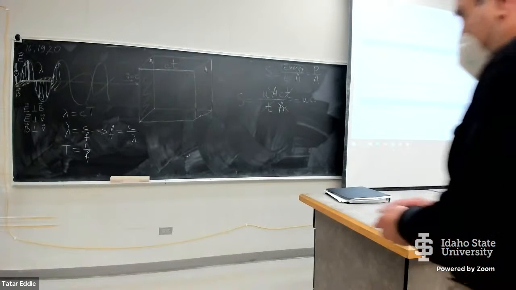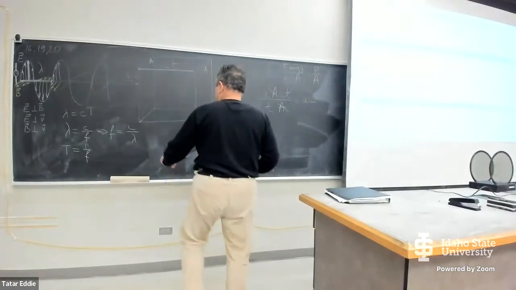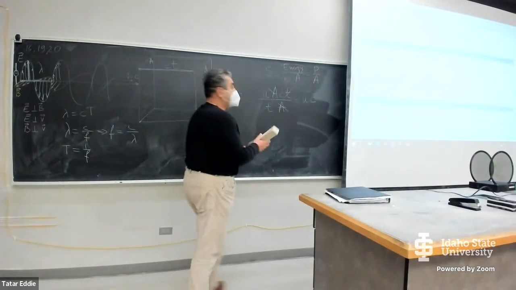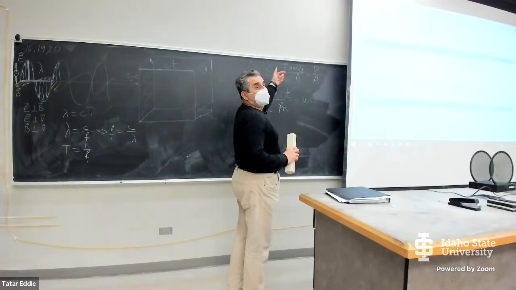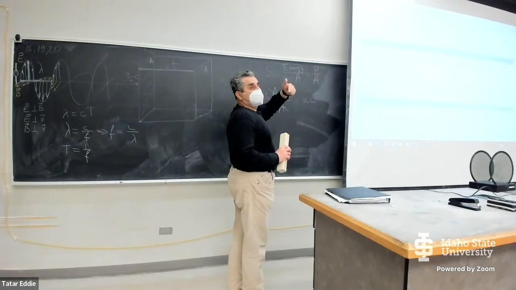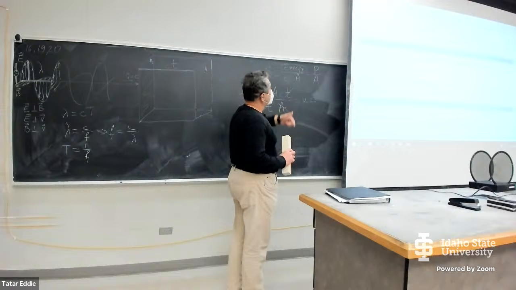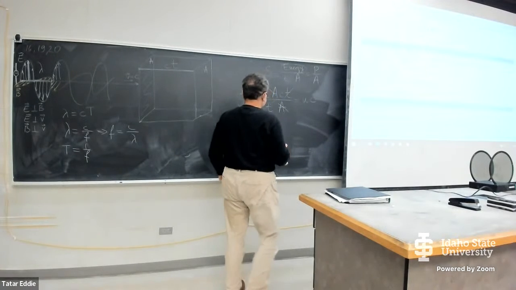So how much energy comes through the window that is perpendicular to the direction from the cell phone tower in 45 seconds?